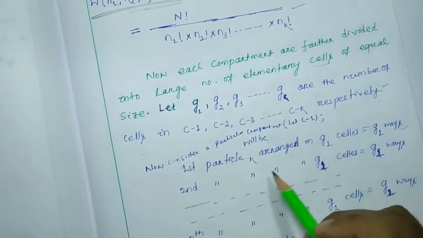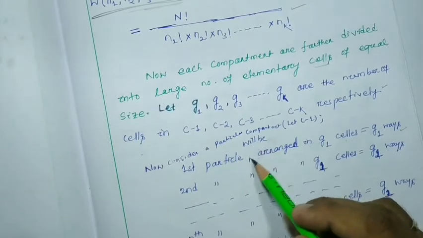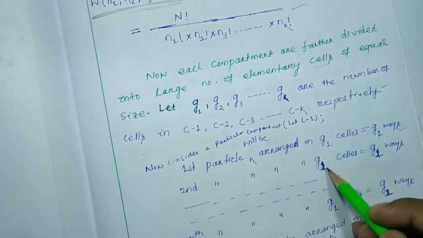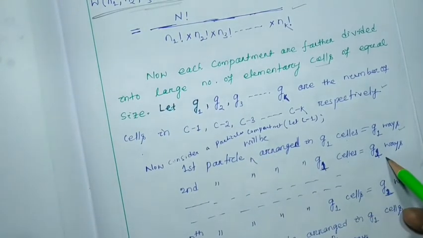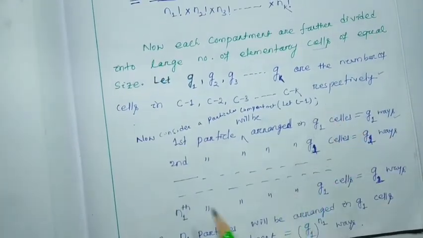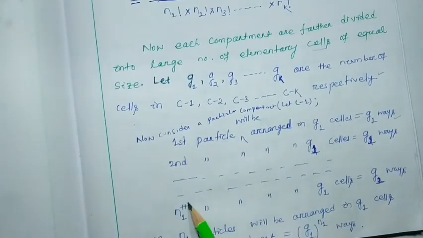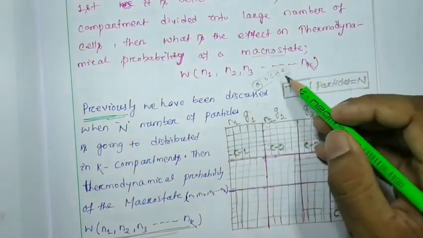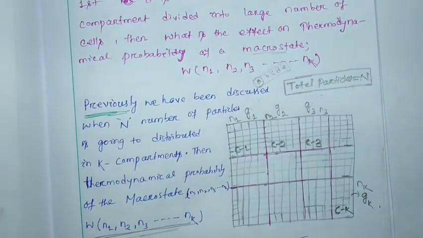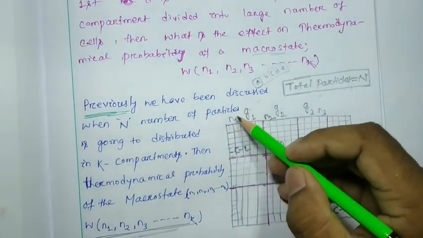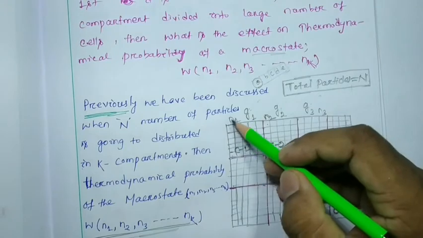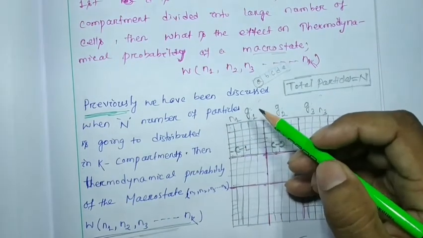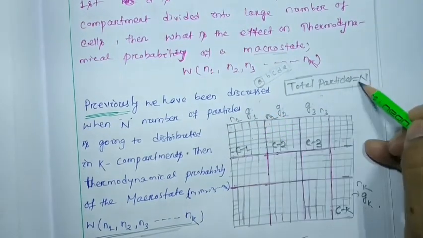Like that, the second particle will also be arranged in g1 cells, also g1 ways, right? Likewise, the n1th particle. If we consider 5 particles, that means the fifth particle. This n1 can be any number, depending upon the total number of particles.